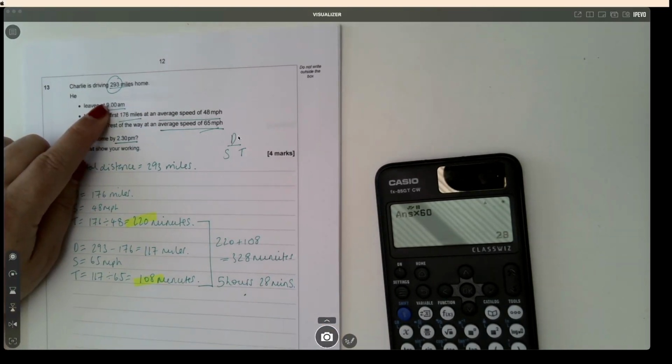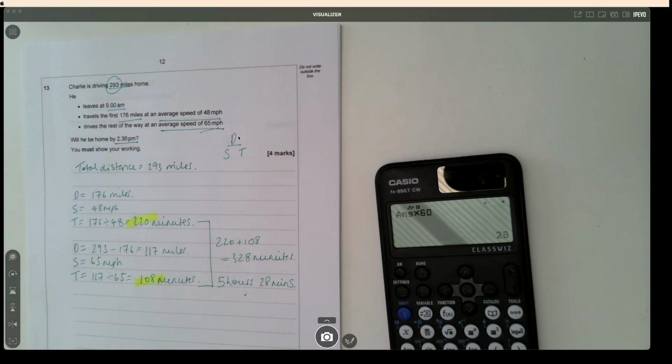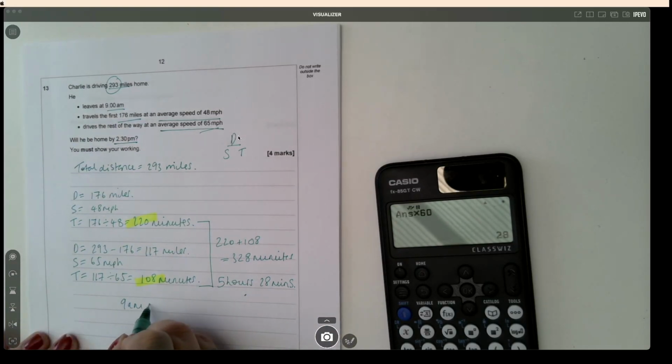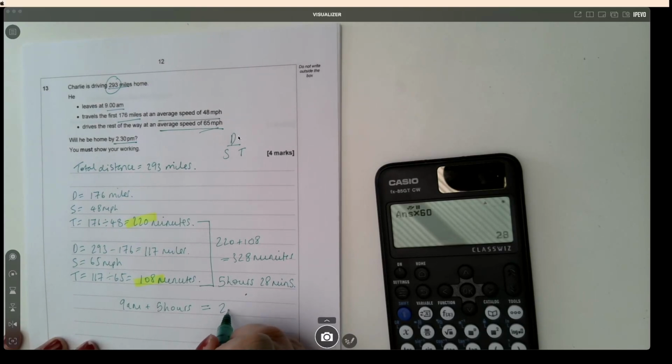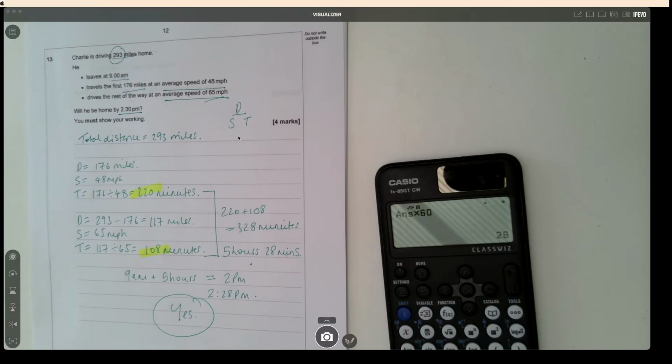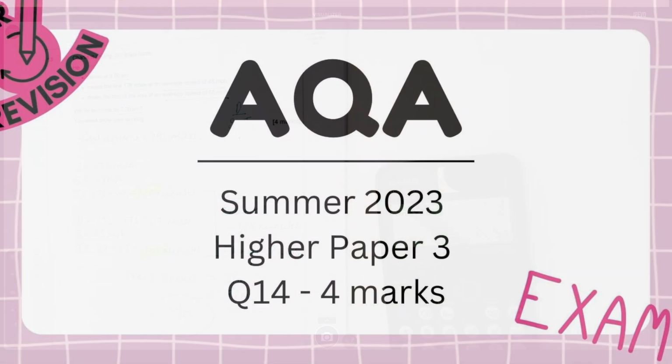So if he leaves at 9, is he going to be home by 2:30? So 9 a.m. plus 5 hours is going to be 9, 10, 11, 12, 1, 2 p.m. And then add that 28 minutes, it's going to be 2:28 p.m. So yes, he makes it home by 2:30.